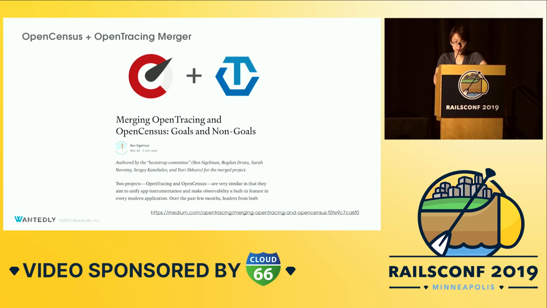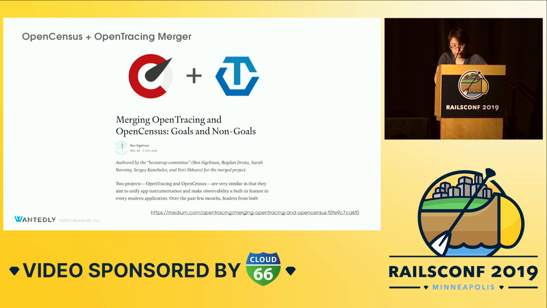So lastly, you may have heard of OpenTracing, which is a project from CNCF, the Cloud Native Computing Foundation. And it is very similar to OpenCensus, in a sense that it provides support for different programming languages and different tracing backends, like Jaeger and Zipkin I mentioned. But luckily, you don't need to worry about which one to use now, because they just announced in March that they are going to merge.